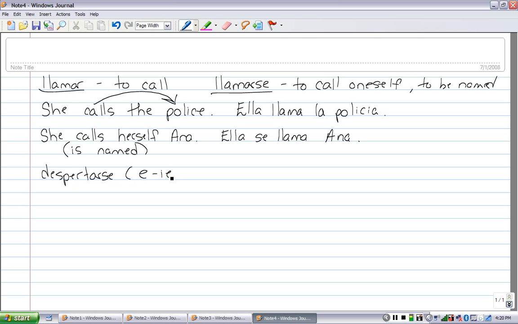Despertarse is an E to IE stem changing verb, and it means to wake up. So if you make a sentence that says, I wake up early, there's no other person mentioned in the sentence, which means that you're waking yourself up literally. So that would be reflexive. You would say, yo me despierto temprano.